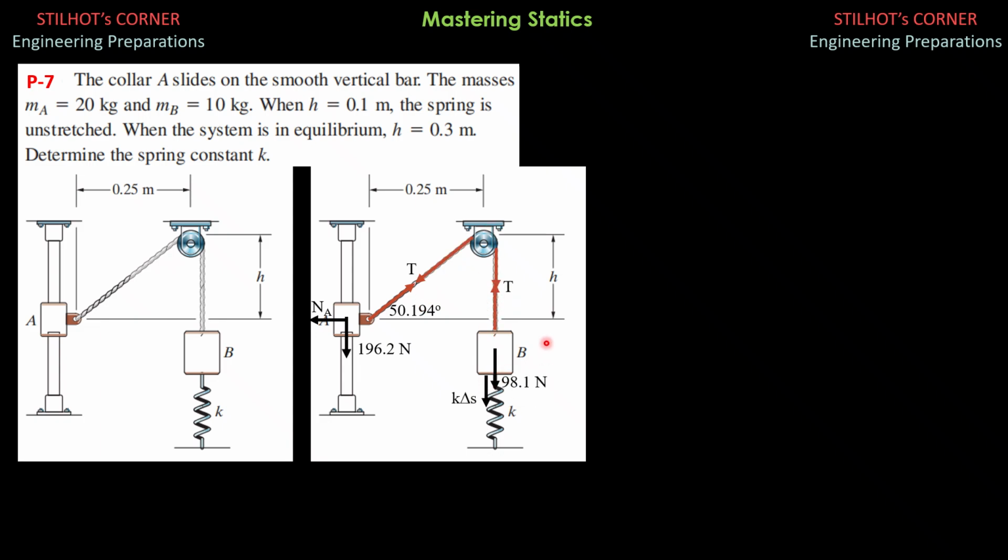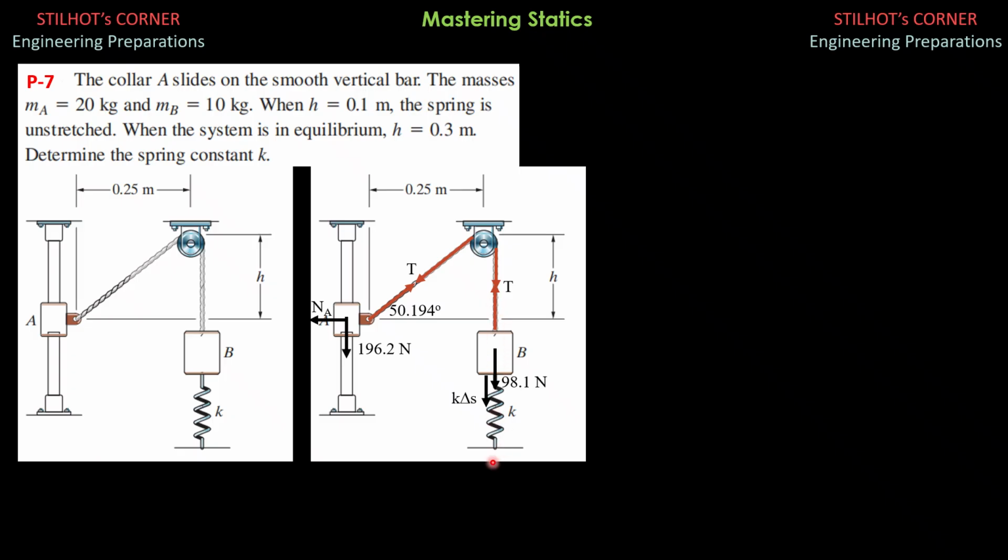So take note that the original position of the collar B is above when H is 0.1. Then because of the weight, the spring is compressed. That's why the system is in equilibrium when H is 0.3. So the spring is compressed.